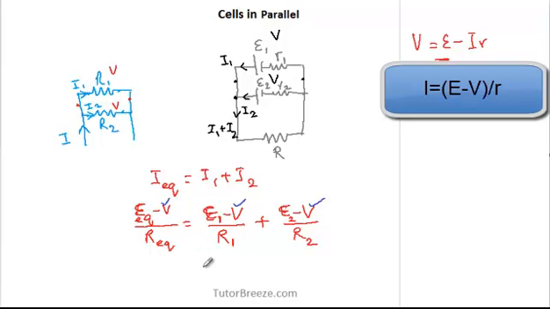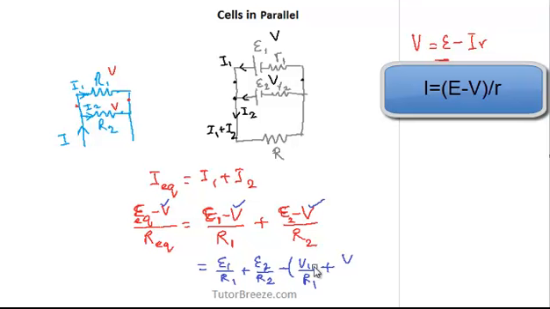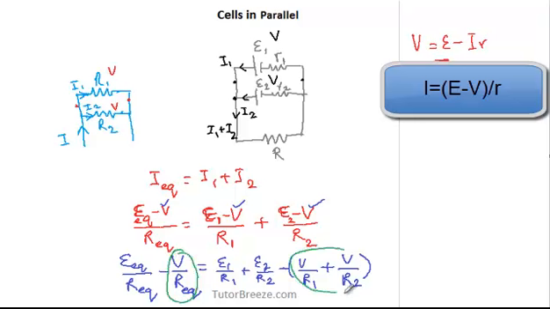Now rearranging this, we can write this as E1 over R1 plus E2 over R2. Next, comparing this, we'll put this equal to this term over here.